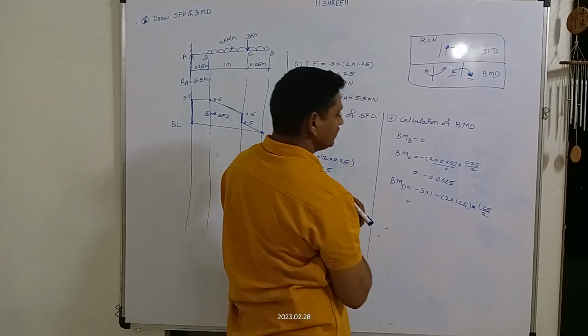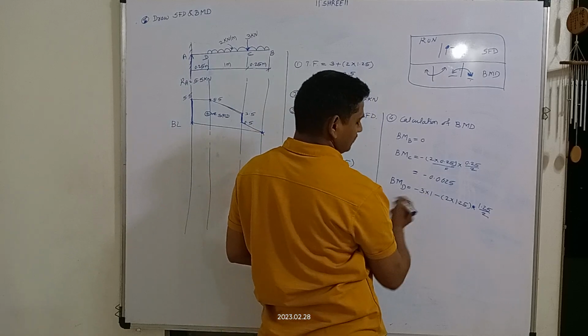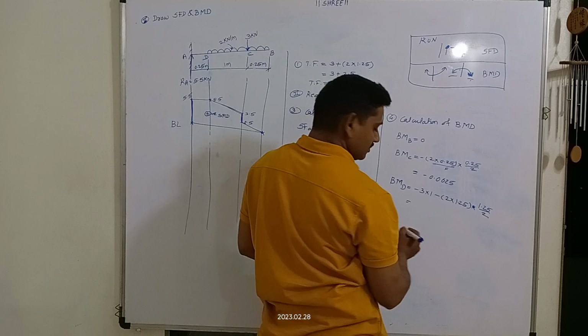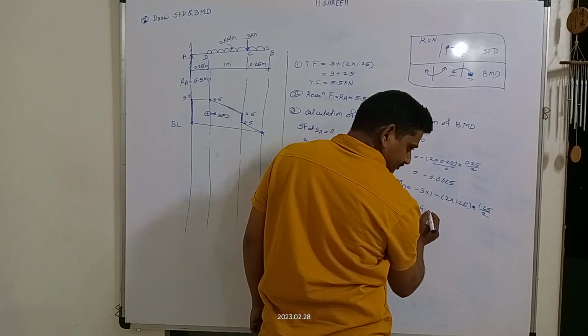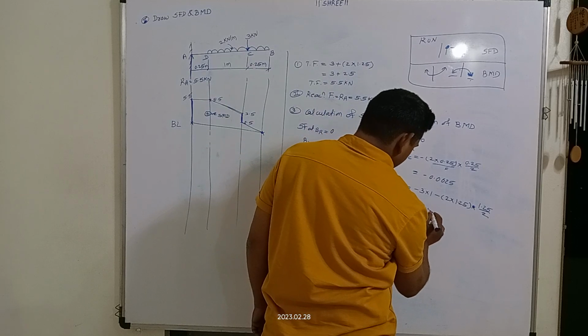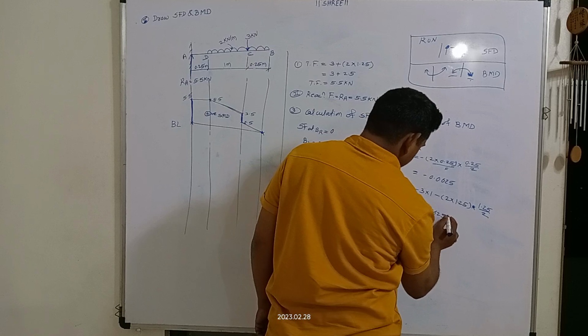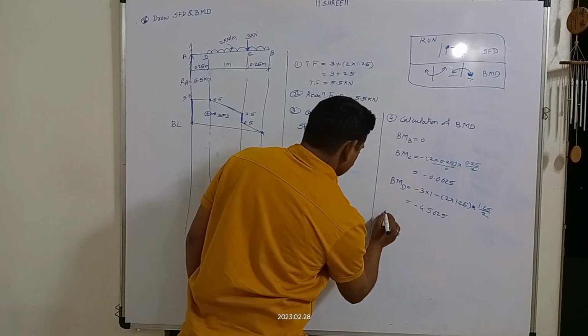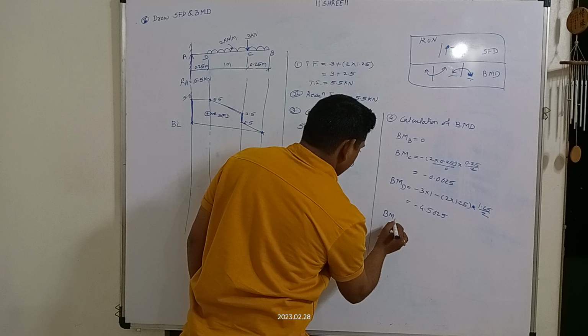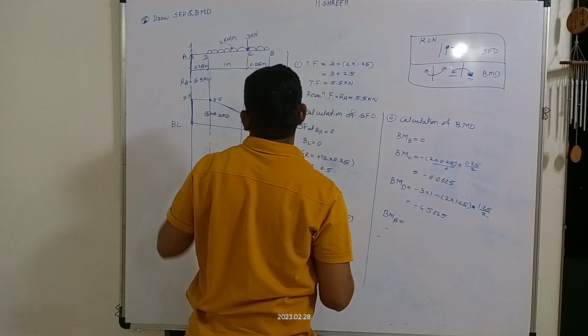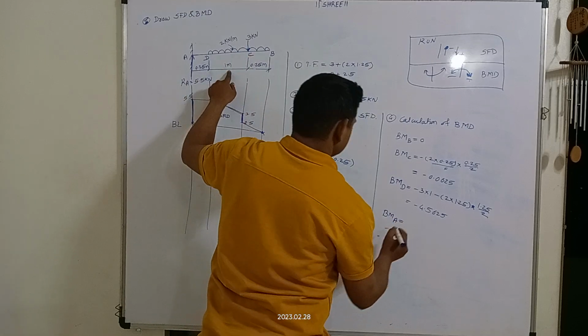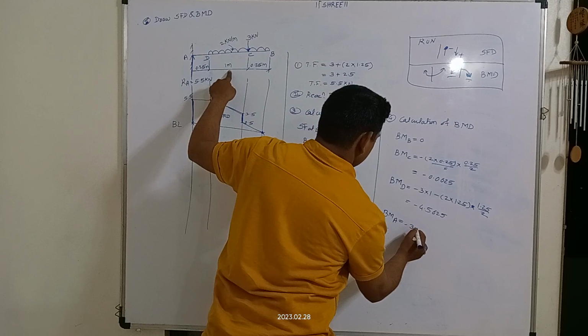After calculating the values in the calculator, bending moment at point D is minus 4.5625.